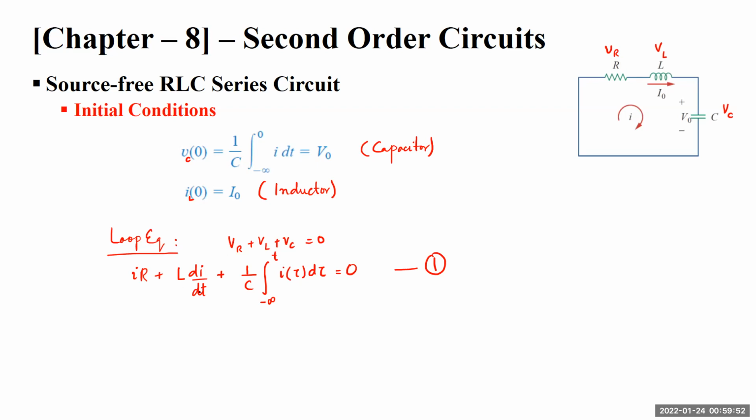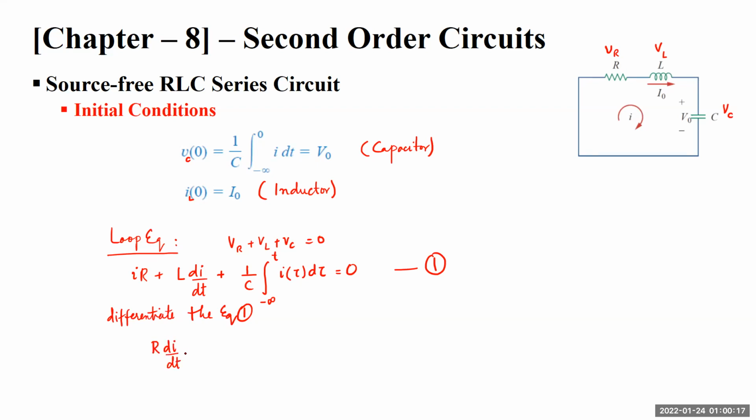If we want to simplify this equation, we can differentiate equation 1. If we differentiate equation 1, we get R times di by dt.